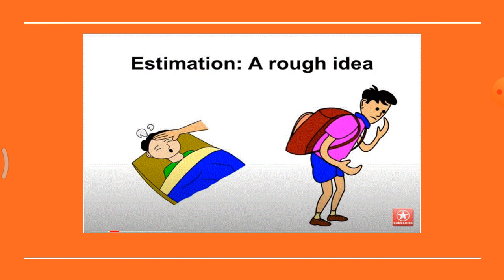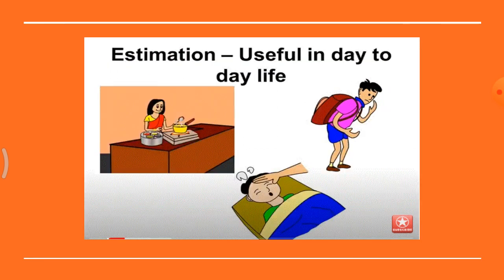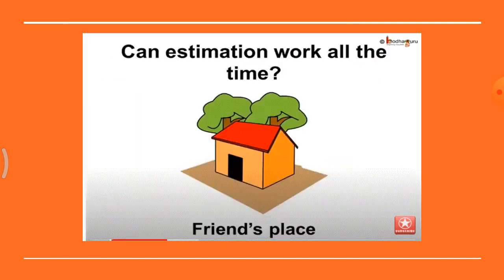This rough idea is called estimation. In many cases, estimation skill is very useful in our daily life. Do you think this estimation will work all the time? No, definitely not all the time.